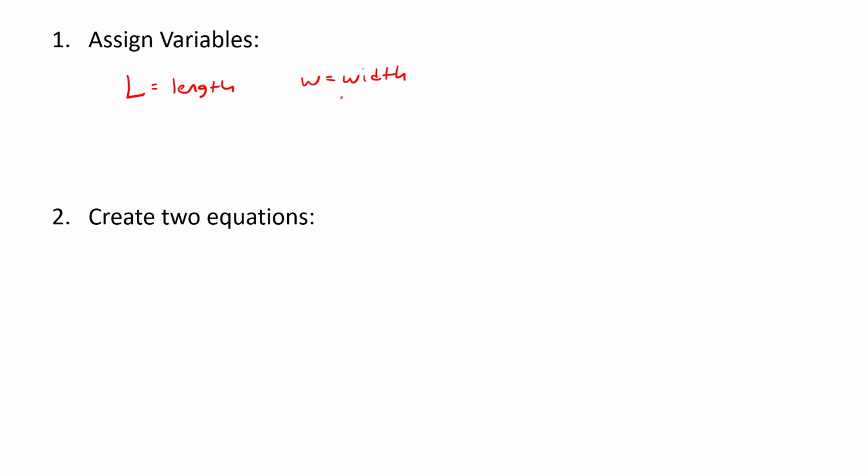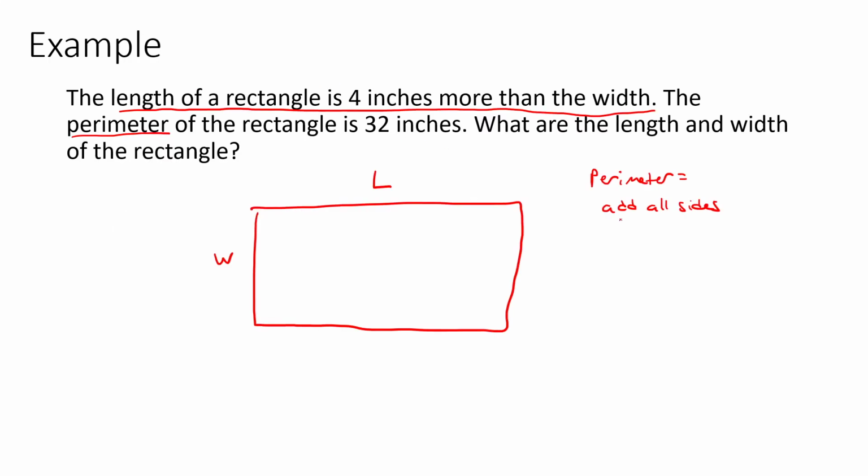First we'll start with perimeter. Again, perimeter is adding up all the sides. If this is a rectangle, then the sides across from each other are the same. So if this is L, then this is also L, whatever that is.